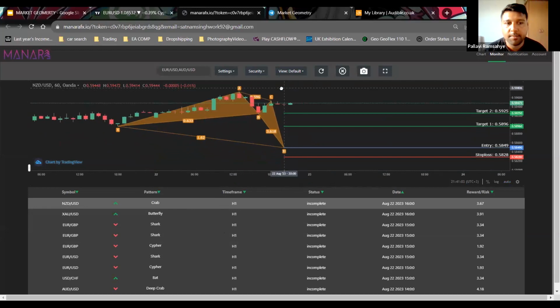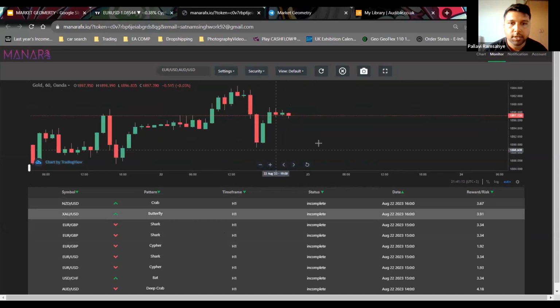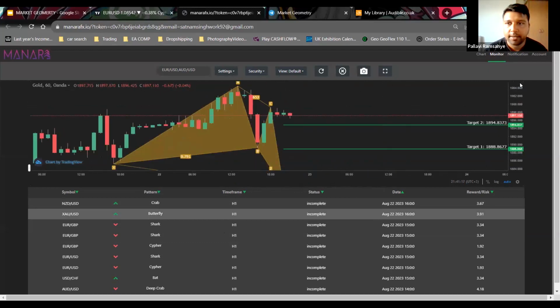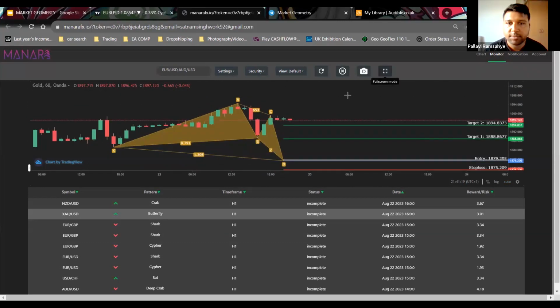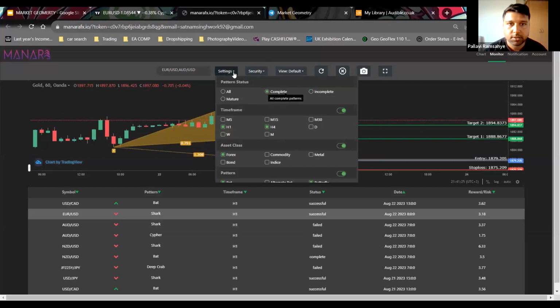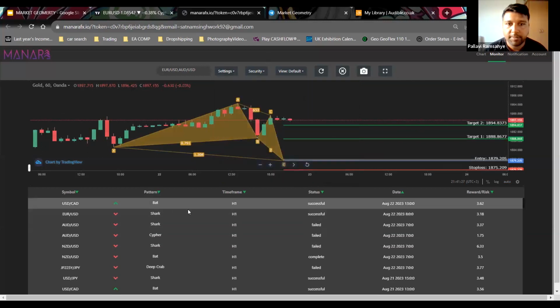It's really good that Monara shows these incomplete patterns. The reason being is because you can keep an eye on these patterns forming, right? So you can essentially anticipate your placement, the placement of your trade, instead of already having complete trades, right? So let's go back to complete trades. It's already played out.